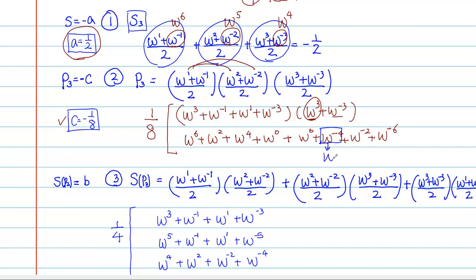This one equals W5, and this one W1. Now take a look. W1 plus W2 plus W3, W4, W5, W6, this is like W7, the same thing. They all go to 0. We still have a 1 over here. That's why 1 over 8 times 1 is 1 over 8. So C equals negative 1 over 8. That's fine.